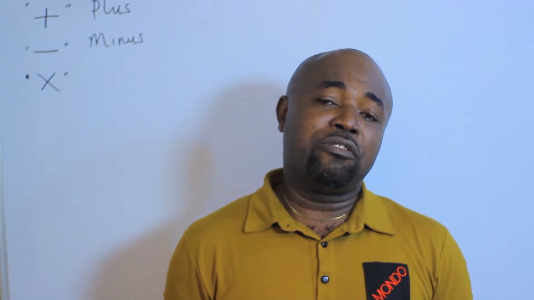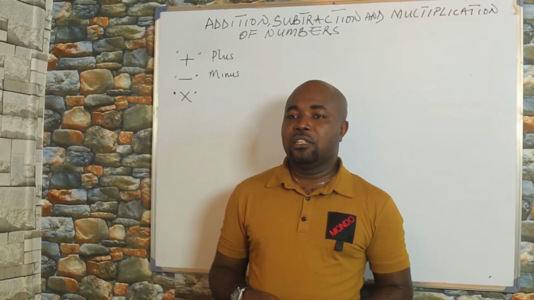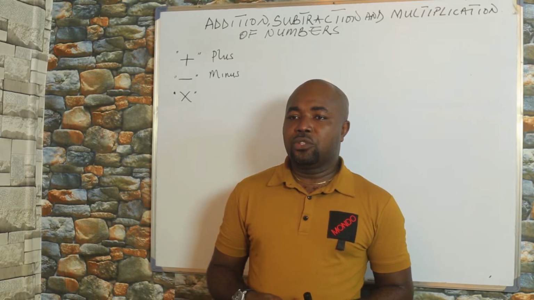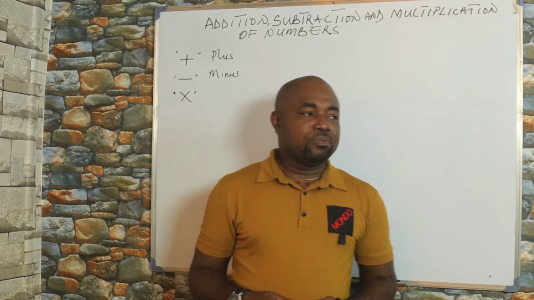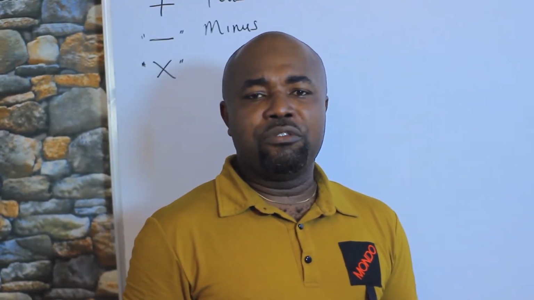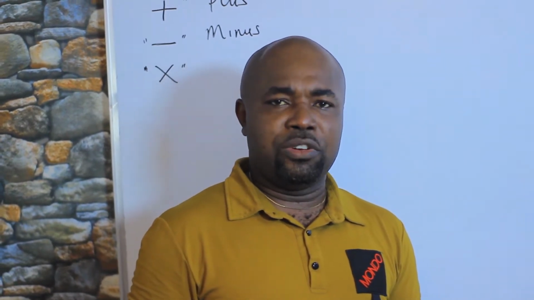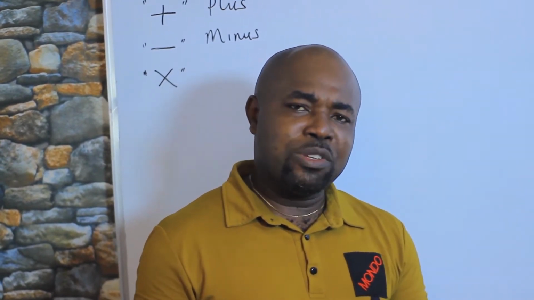It is just for lack of space that we are handling these three topics now. So let us take some examples that will help us understand better addition, subtraction, and multiplication of numbers. Let's take some examples on addition and subtraction of numbers, because both of them go together.